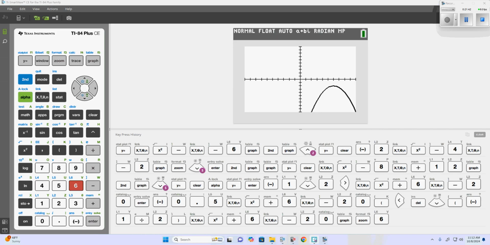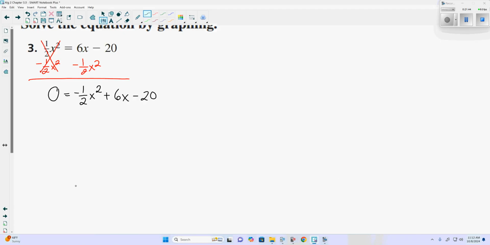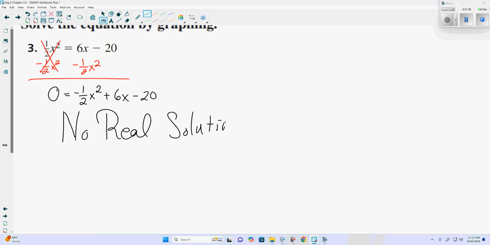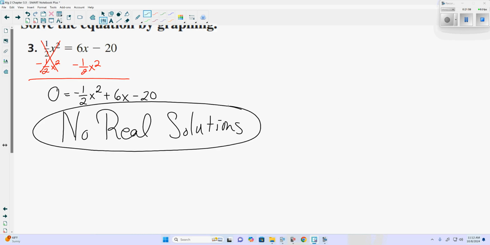So what we say for this one here is that this equation has no real solutions. So negative 1/2 x squared plus 6x minus 20 has no real solutions.